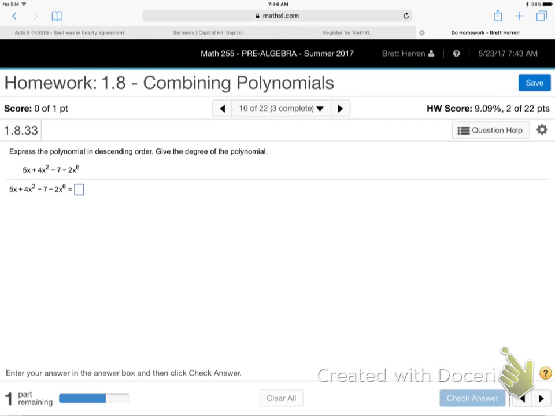All right, so let's take a look here. 5x plus 4x squared minus 7 minus, oh no, they're all different. We can't combine anything, can we? So all right, what's the first thing we're gonna do? Gonna reorder them, right? So go ahead and reorder them on your own paper there. Remember to take whatever's in front of them, that's their baby, so to speak, take it with them wherever they may go.